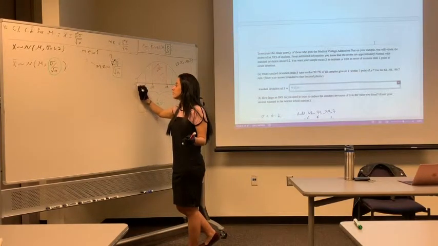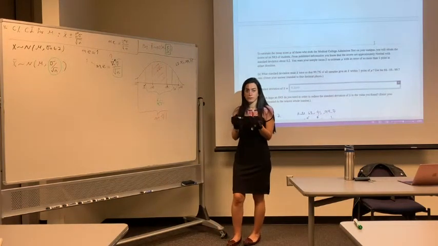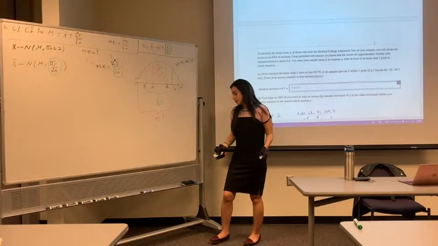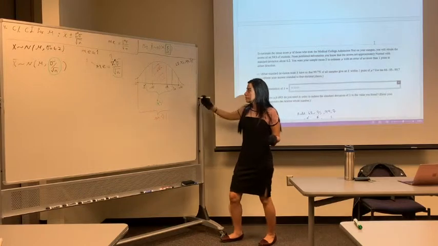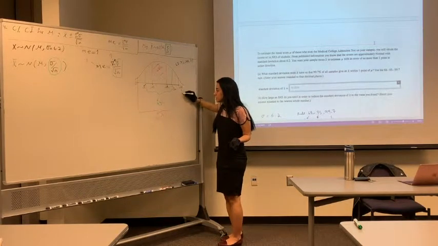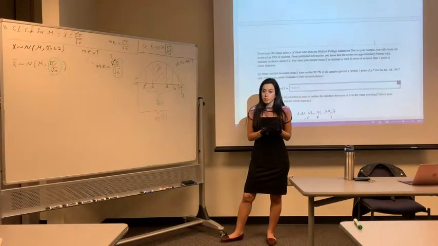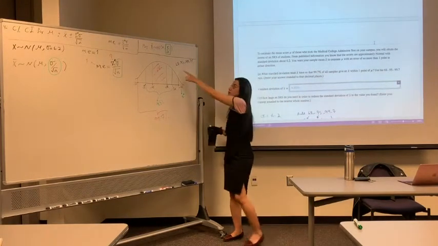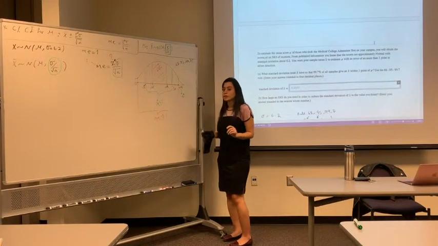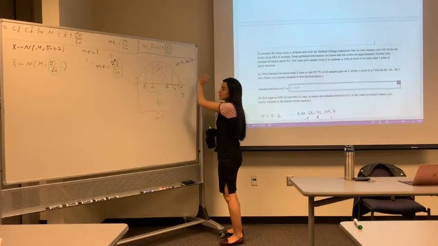Negative 3 sigma was here and plus 3 sigma, correct? You can take this as a z star instead of going to table C and finding the value of z star, if you know the rule 68, 95, 99.7 and they ask you for either of these.